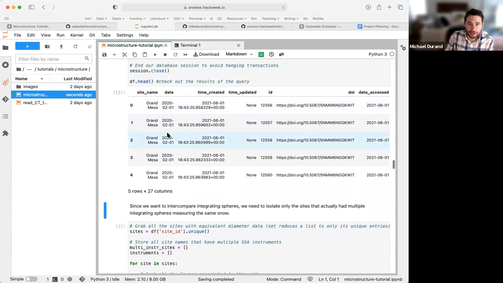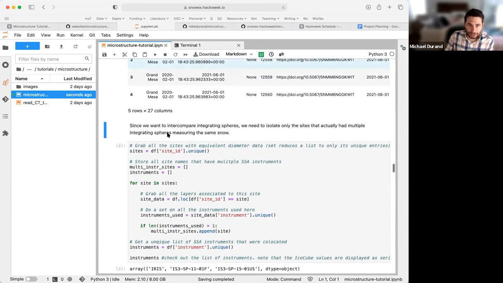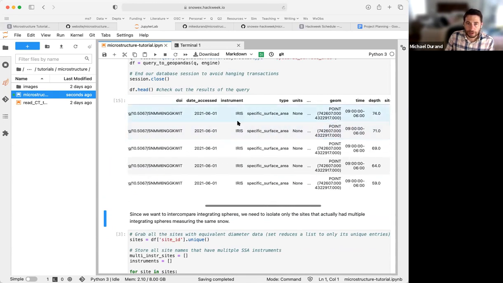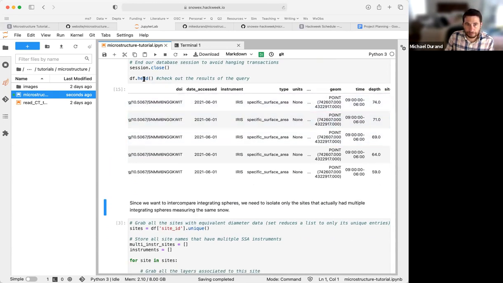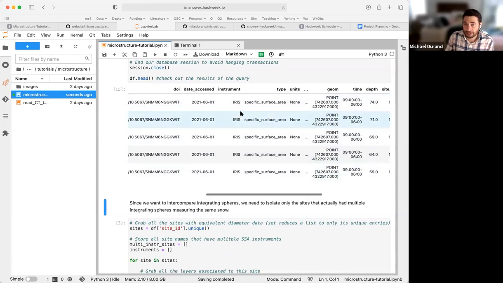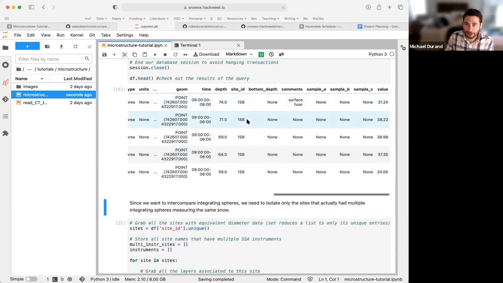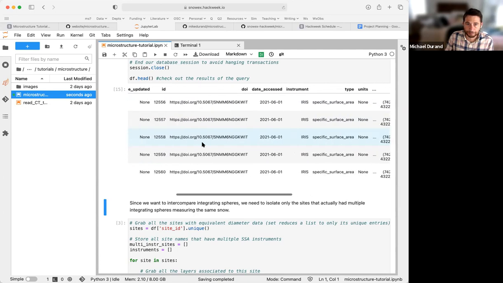A lot of this is his snippets. I won't spend much time on that since it's already been gone over, but you can see the data frame, including which instrument. This just showed the first 5, and these are all from the IRIS instrument, which is the University of Sherbrooke one. We've got times and then metadata, as well as the specific surface area itself over here in value.